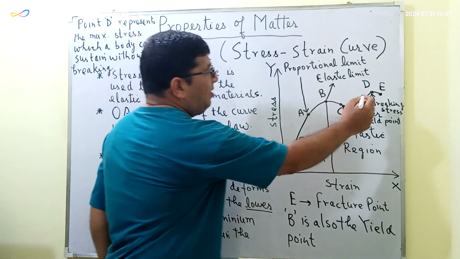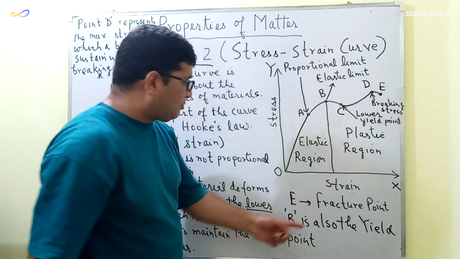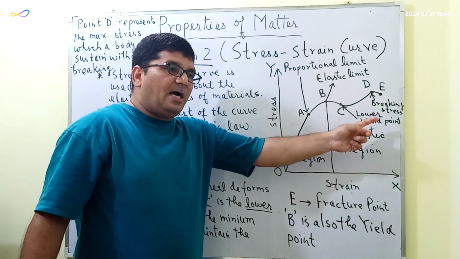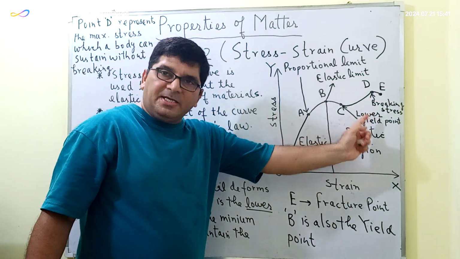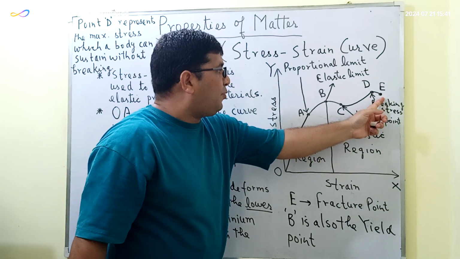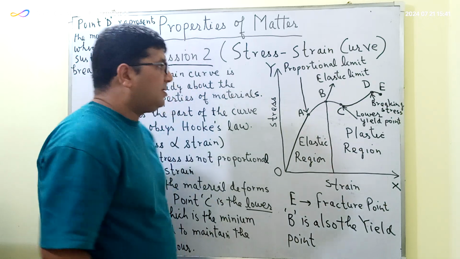And beyond this point D, we get another point, E, which is called the fracture point. The fracture point is the point at which the material fails, or breaks, or fractures.